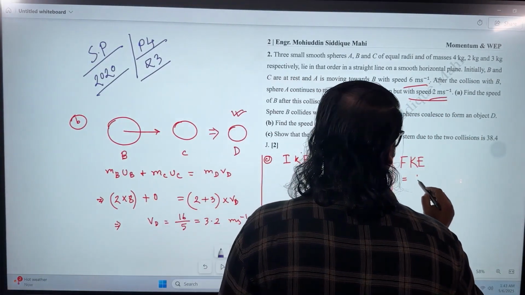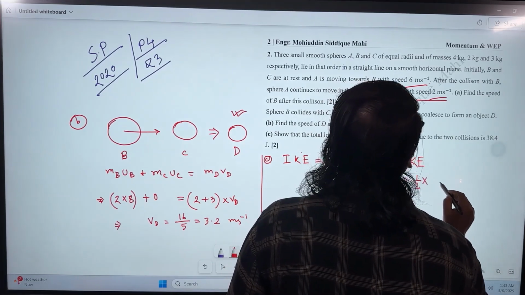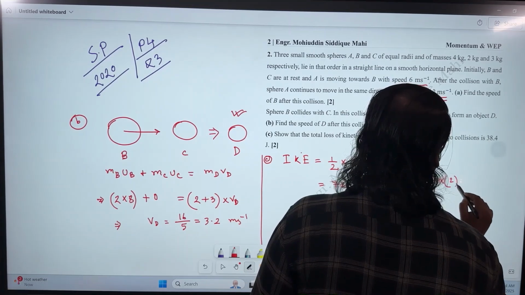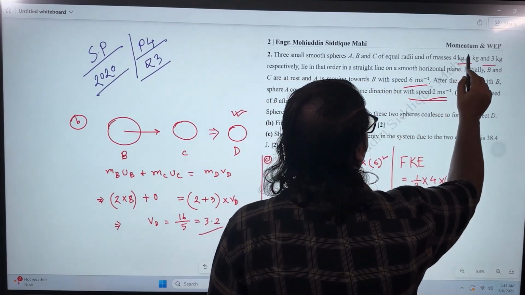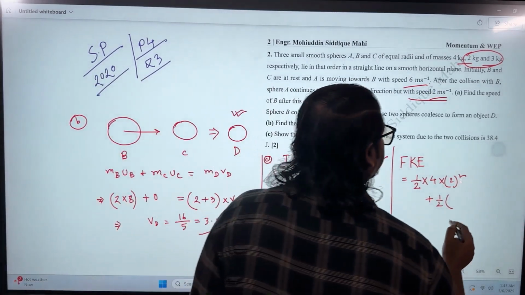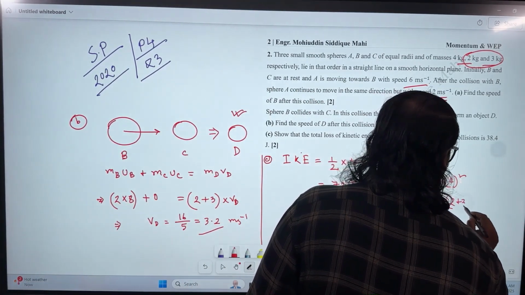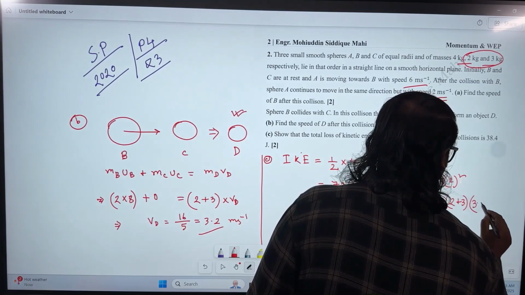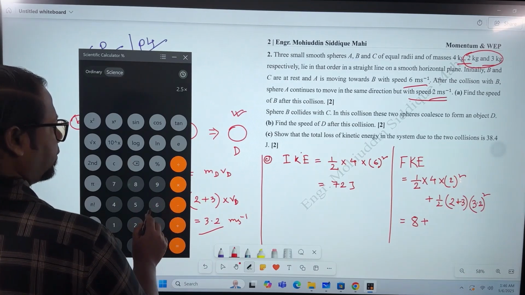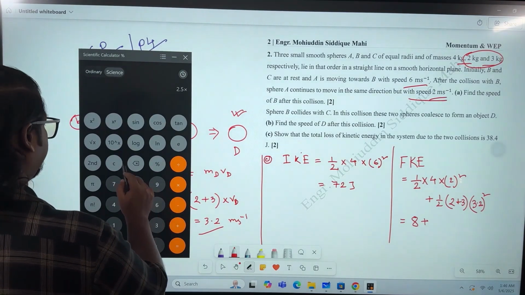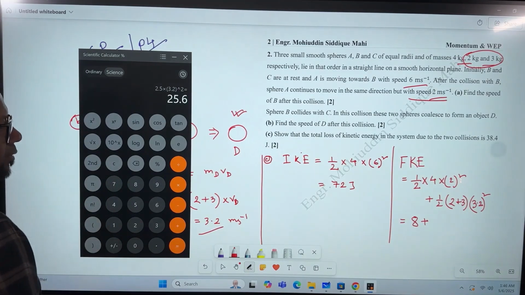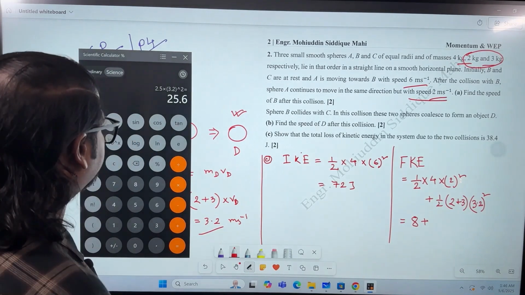So half, mass is 4, speed was 2. Combining mass of D, that means combining mass of B and C, 2 plus 3, and their combining speed 3.2 square. That gives 33.6.